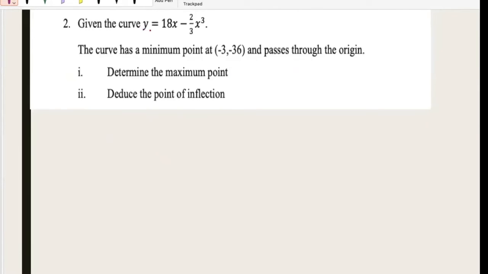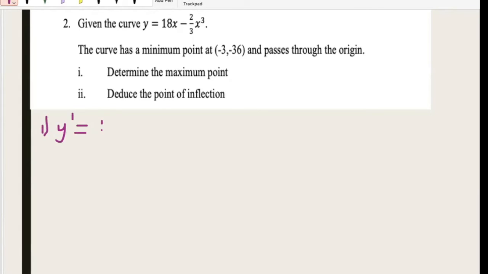Given the curve y equal 18x minus 2/3 x cubed, the curve has a minimum point of -3 and -36 and passes through the origin. Determine the maximum point. So first we have to find that point. And to find that point, we have to find y prime.